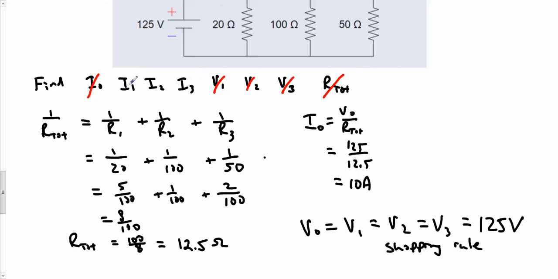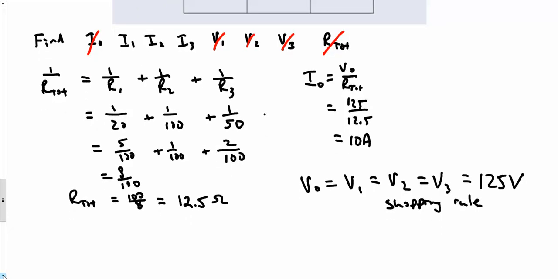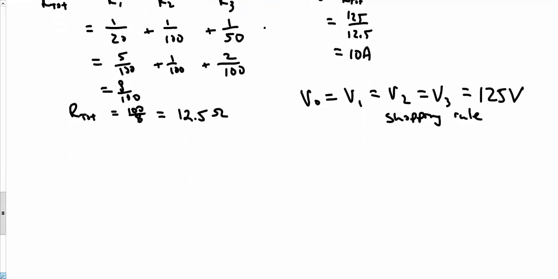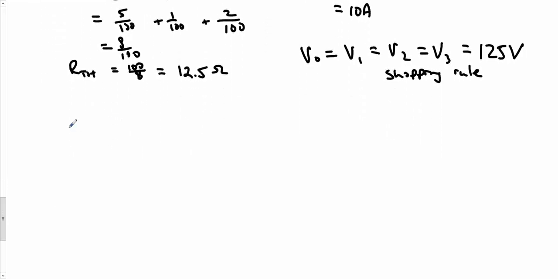So I've got the I's left, the three different I's. Well, I have the three different R's and the three different V's, so I should be able to find the three different I's using Ohm's law. I1 is V1 over R1, which is 125 over 20, 6.25 amps.